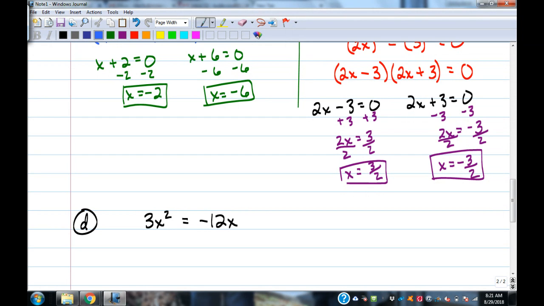What would be our first move? Yeah, move that 12x over. I would add the 12x. Technically, legally you could move the 3x squared too, but I would, if it's already positive, leave it where it's at because it makes it easier to do. So I'm going to add 12x.